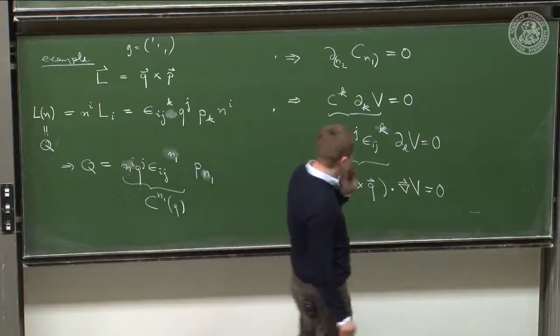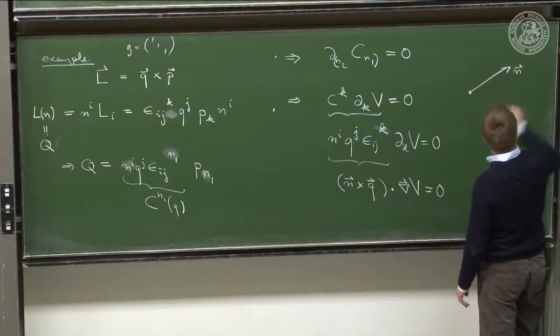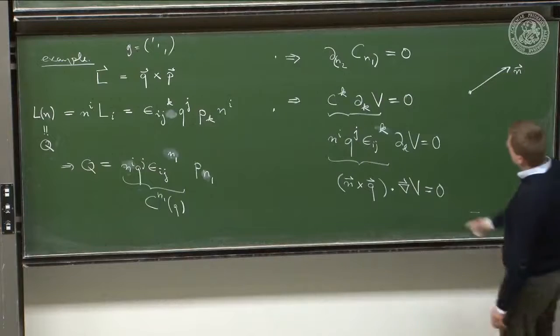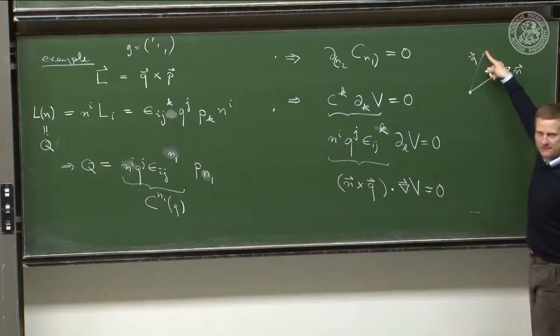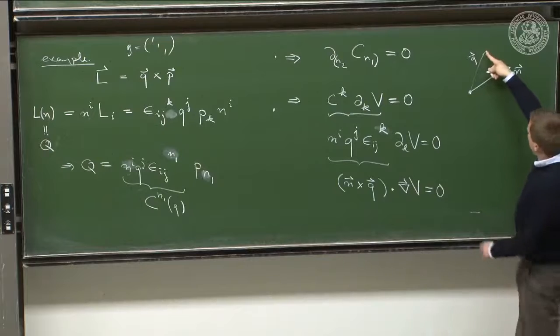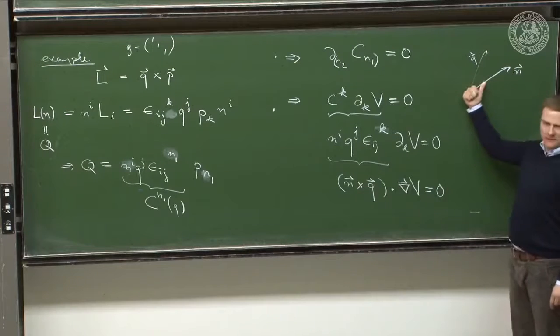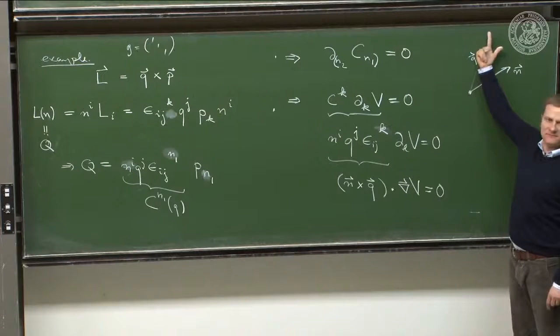I think it is, because imagine we choose in three-dimensional space an arbitrary axis. And now we go to an arbitrary point Q, say this one. And now we evaluate n cross q. N, q, that's a vector pointing right at you, but being here.